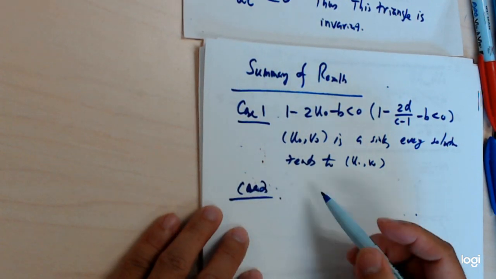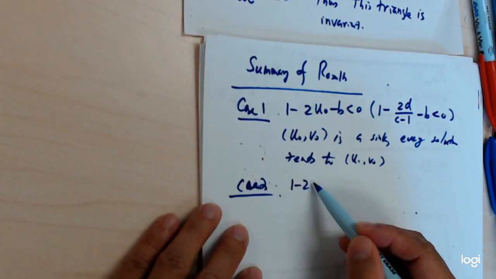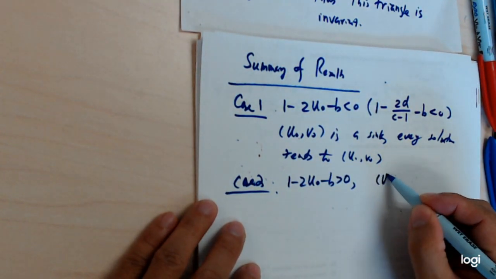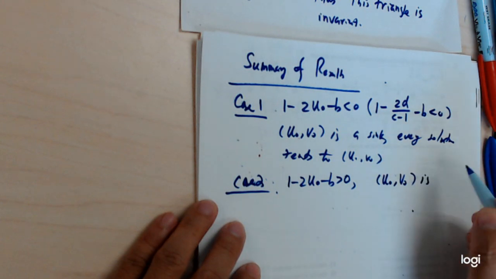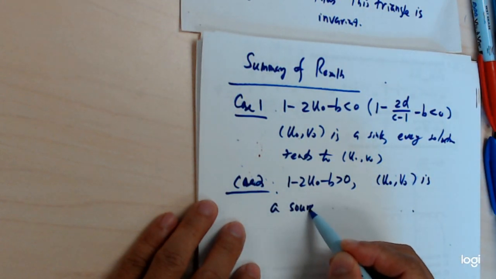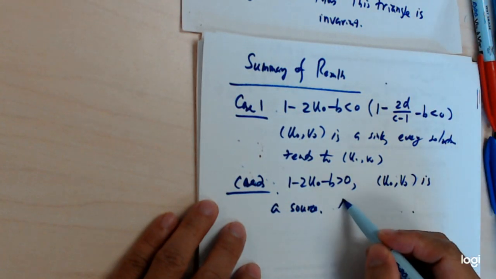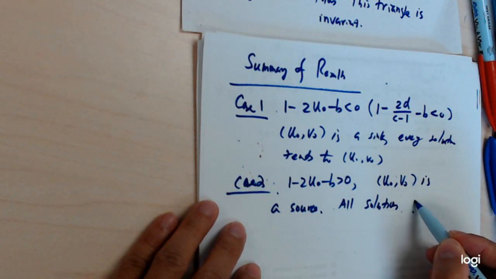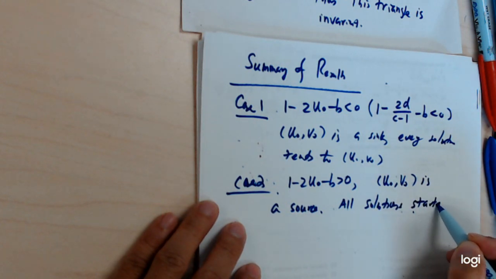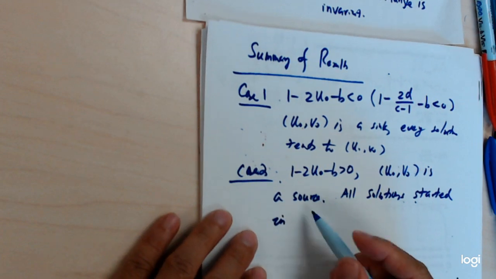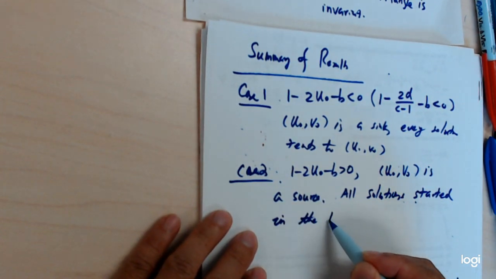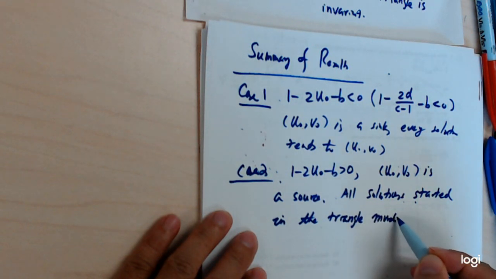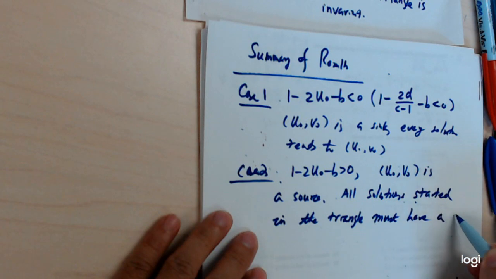Case number 2. If this is greater than 0, (U0, V0) is a source. All solutions started in the triangle that we constructed must approach something, it must have a limit set.